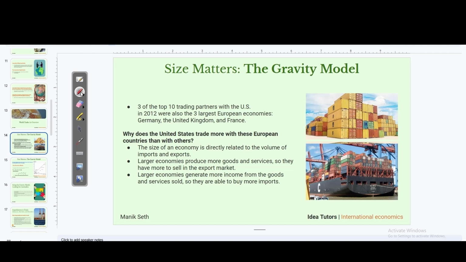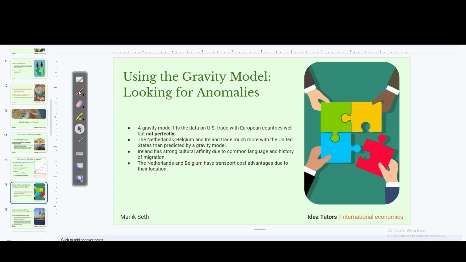Now let's come to the gravity model. The gravity model explains much about the US trade with European countries that we just talked about, but it does not always provide a perfect fit. Though the gravity model gives us a good picture of trading patterns, it is not able to predict everything perfectly.